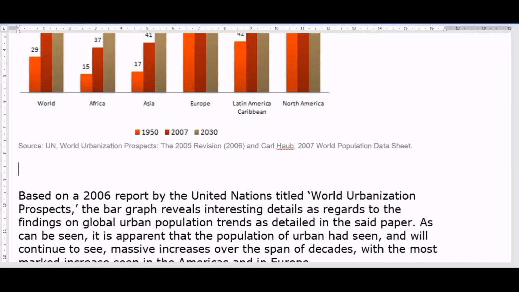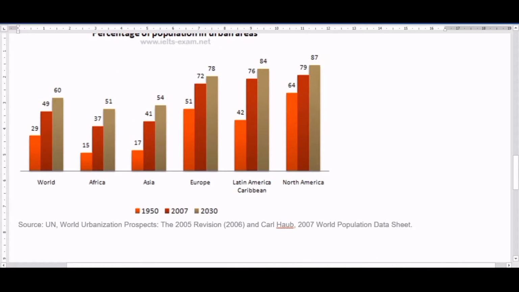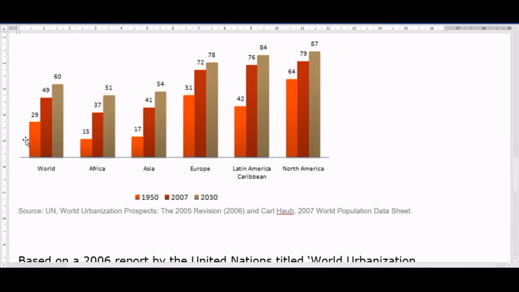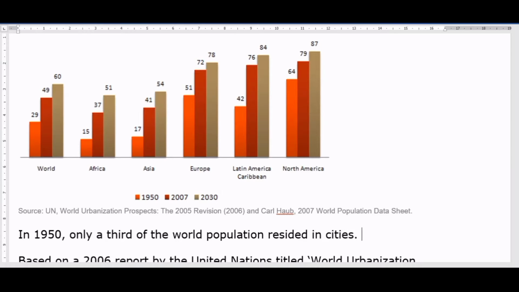I'm now proceeding with the first body paragraph. So I will first describe all of these orange colored bars. So I will begin with the world figures. In 1950, only a third of the world population resided in cities.